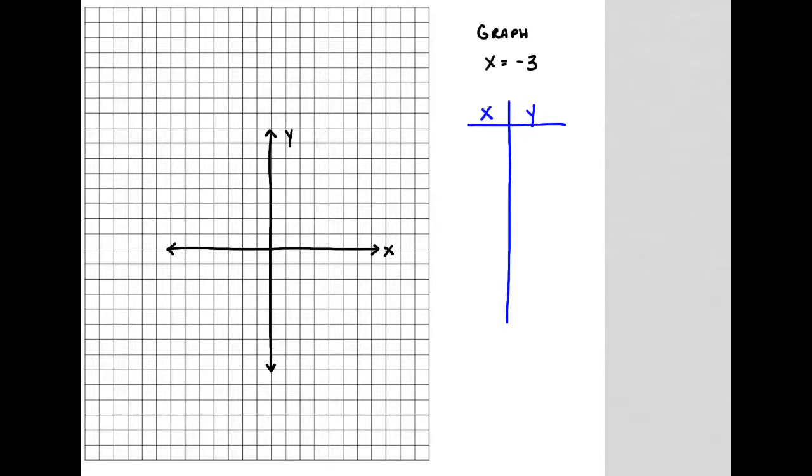So hopefully what you're noting is, well, this is saying something along the same lines as previously. We're saying, I don't care what y is, but all of my x values must be -3.